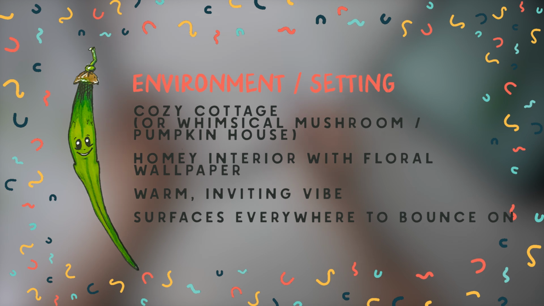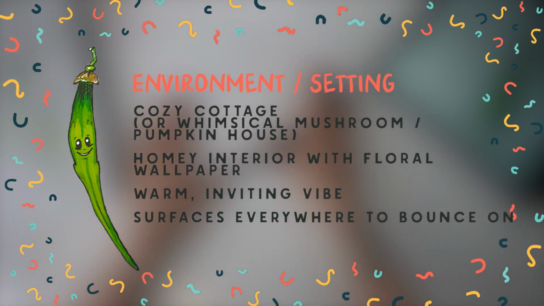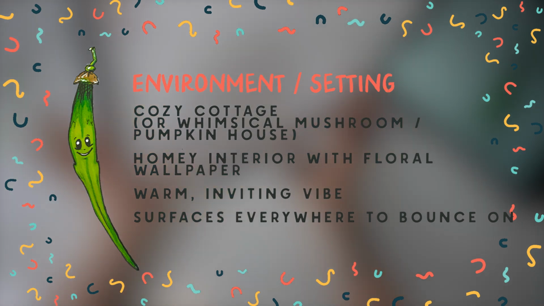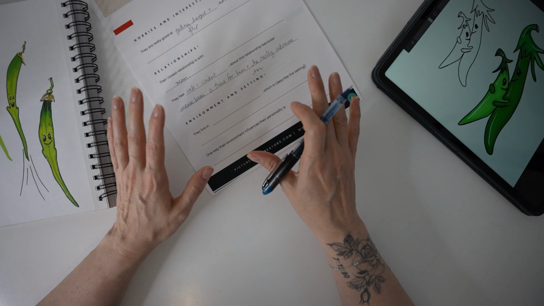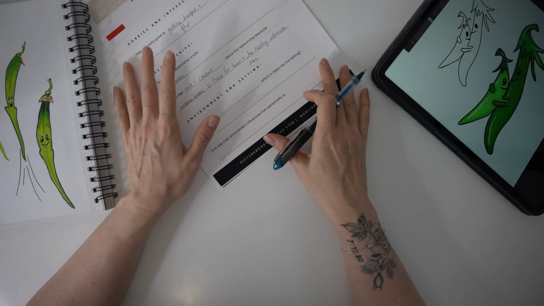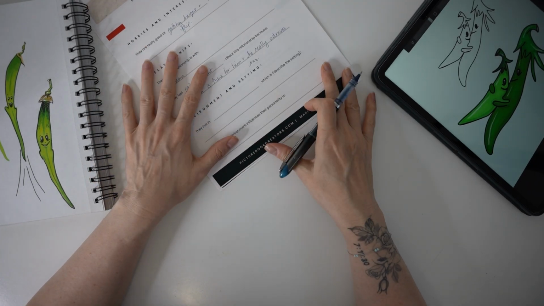The environment and setting. Now this is tricky for me because part of me wants to keep it really simple and just give them a simple little cottage or townhouse with really modern day type of, like, it's clearly a trampoline and clearly a couch. And I'm leaning towards that. As an illustrator, I create whimsical characters in imaginary lands.